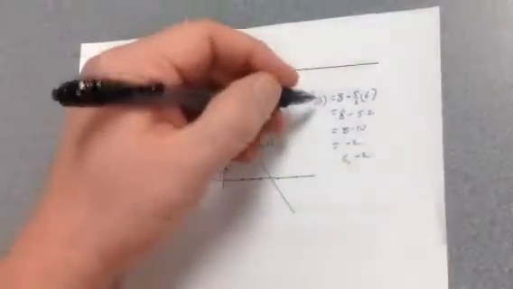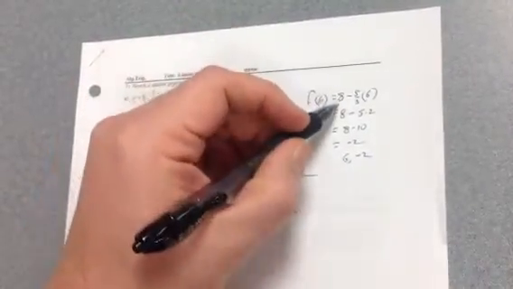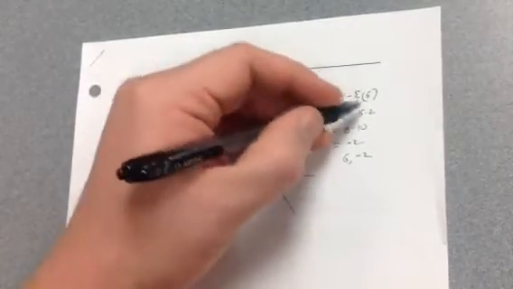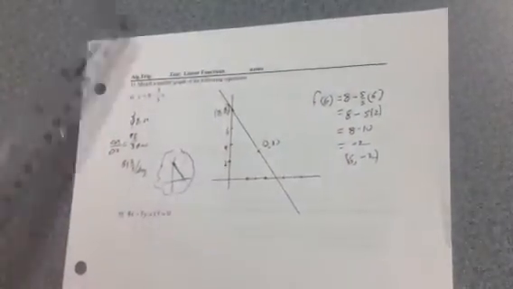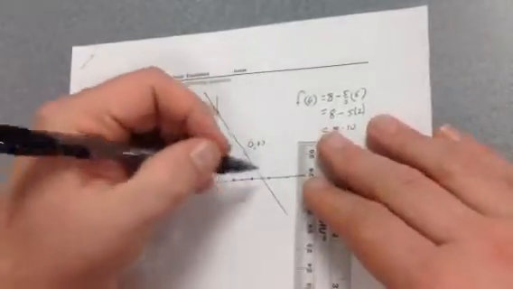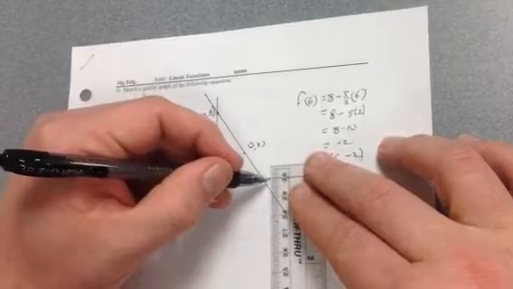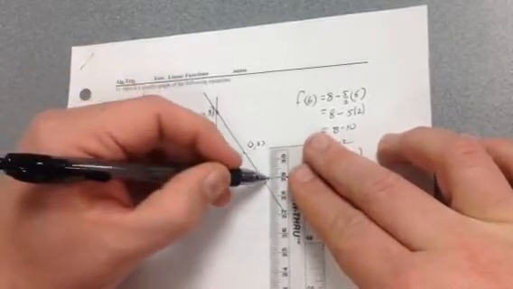I was in the process of checking. I said, well, 6 days later I should have $10 less, which I find out when I have 8 minus 5/3 times 6, which is 8 minus 5 times 2, which is 8 minus 10, which is -2. It means there's a point at 6, -2. So, just to double check, I find 2, 4, 6, and see that the graph is actually consistent.